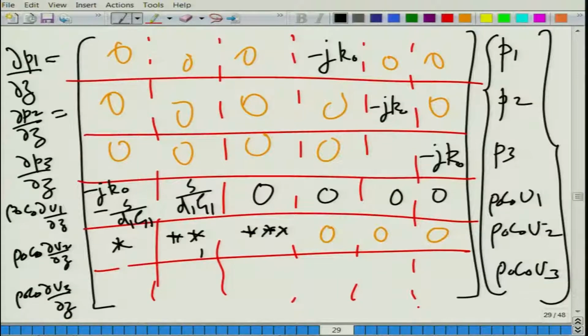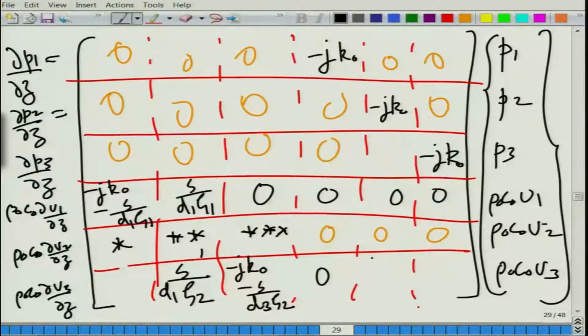Okay. So, here you will get 4 times d1 by theta 2, okay, and here it will be minus j k naught and minus j k naught and minus 4 by d3 zeta 2. So, and everywhere else will be 0 0 and 0.